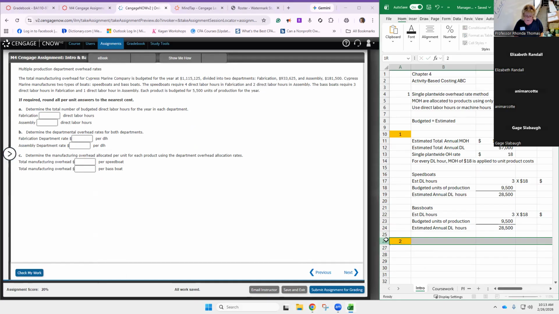I'm going to put in the explanation of this one now. So let me move that down. And then this is going to be the second type of allocation that we're going to learn in this chapter. Once again, it's called multiple production department overhead rates.